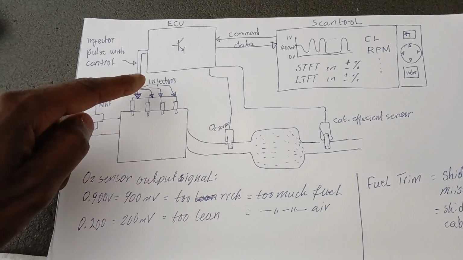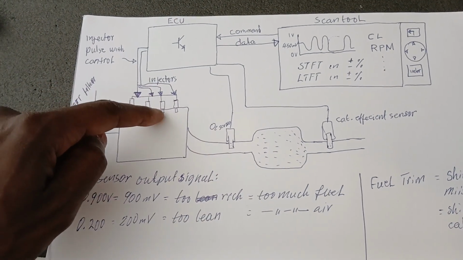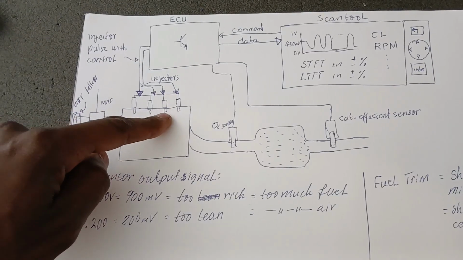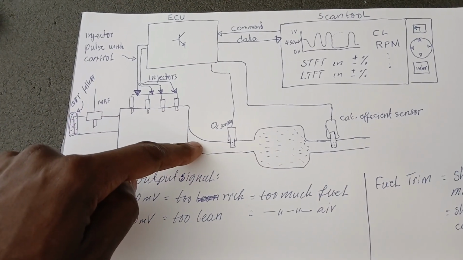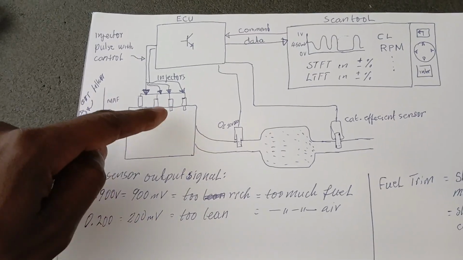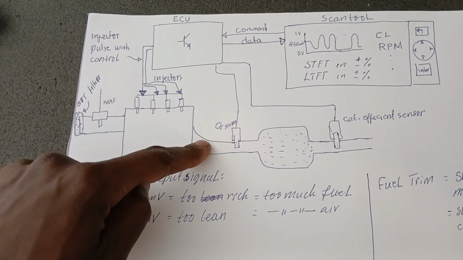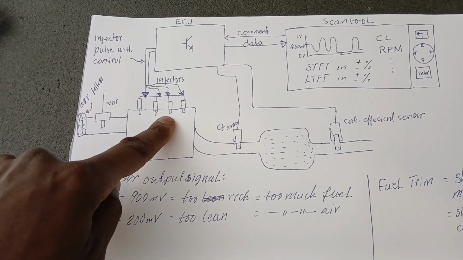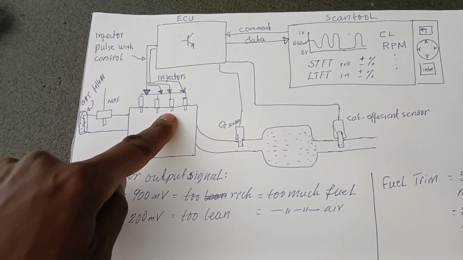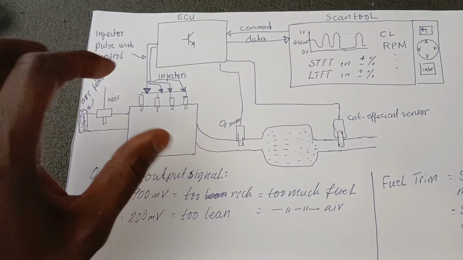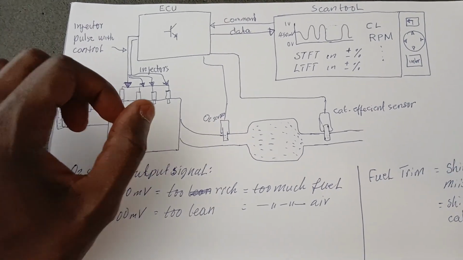It will command the injectors to open a little bit more than usual to compensate for that too much air. If it is less air, meaning more fuel, then the injectors will close or reduce their pulse width a little bit.